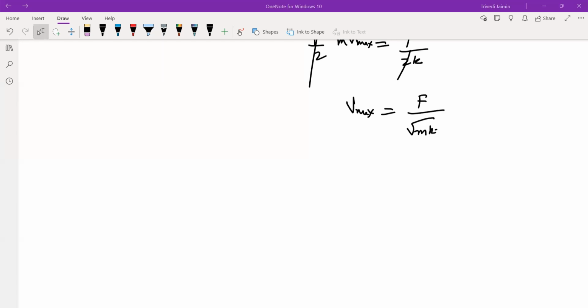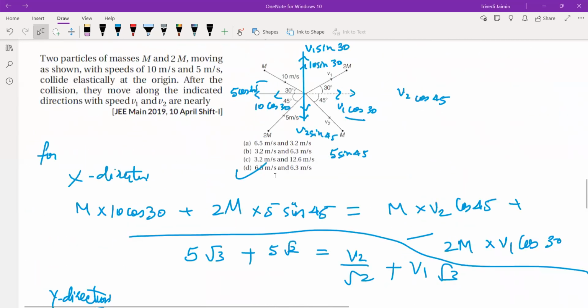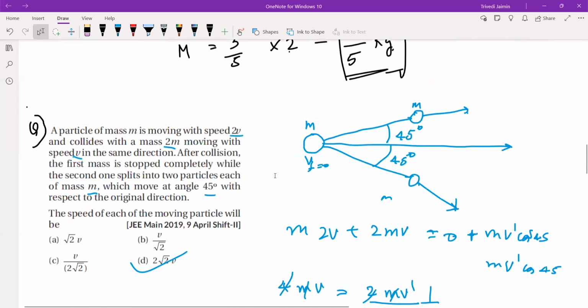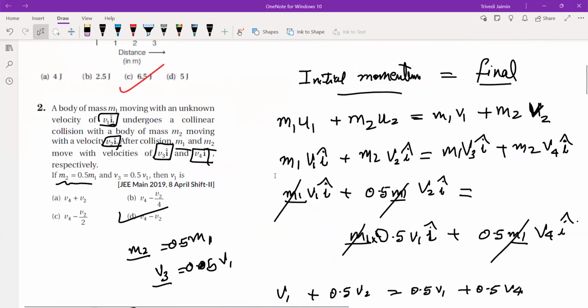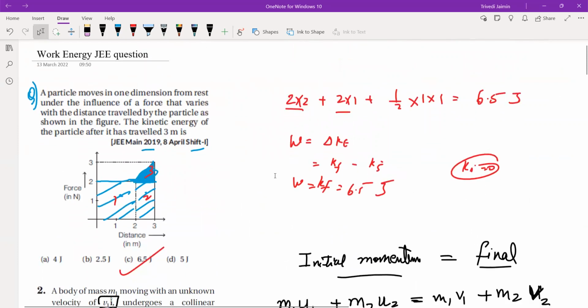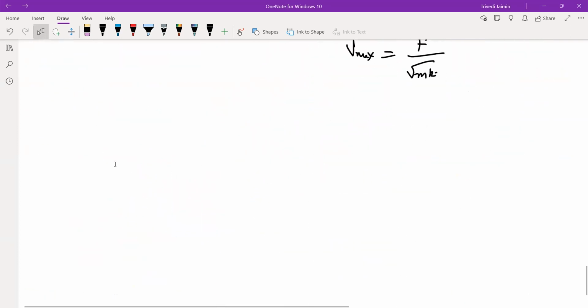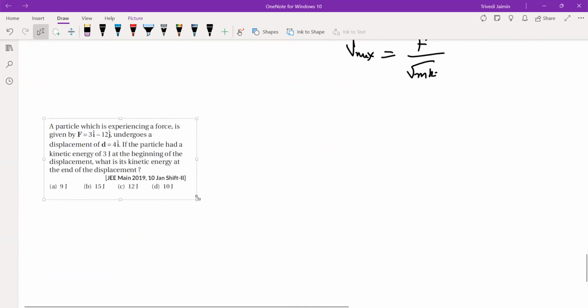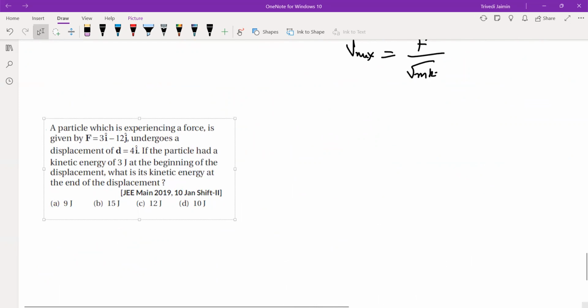By the way, all these are April. Okay, try this question. It's very easy. If you want a hint, I can give you, but you try first. If you're not able to solve, I'll give you a hint. It's very, very easy. Come on.